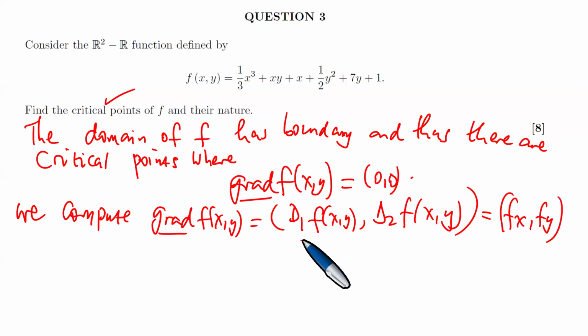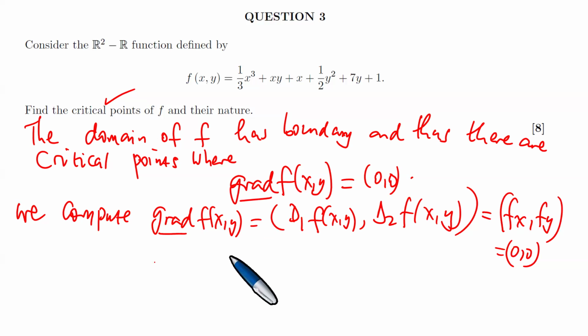It's the same thing because d1 is the derivative with respect to x and d2 is the derivative with respect to y. And this must be 0 and 0. The critical points exist where the gradient is 0.